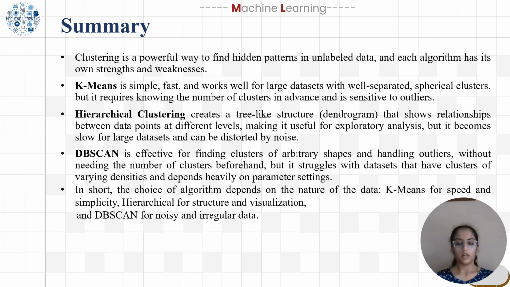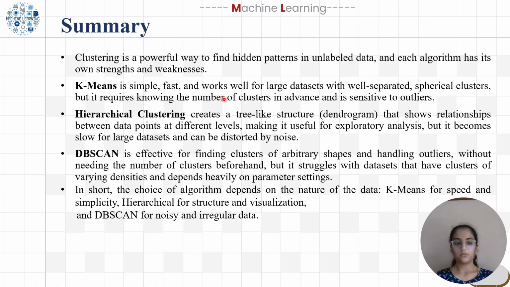So last, let's see the summary of what we learned. First of all, we saw clustering. Clustering is a powerful way to find hidden patterns in unlabeled data, and each algorithm has its own strengths and weaknesses. After that, we saw three types of clustering, that is K-means, hierarchical, and DBSCAN.